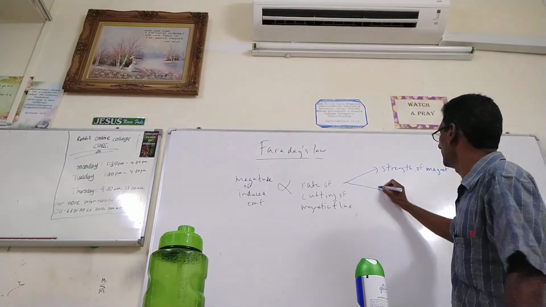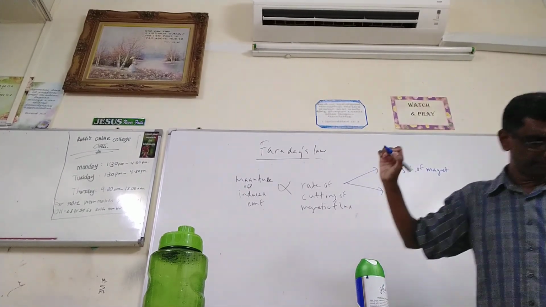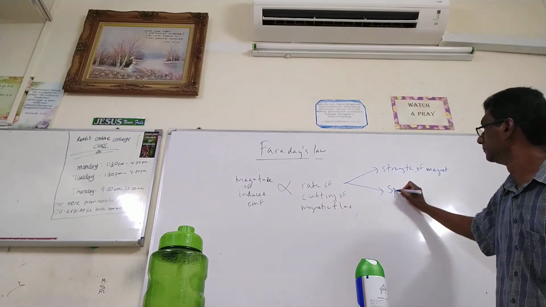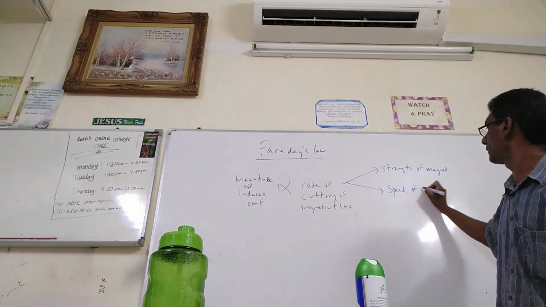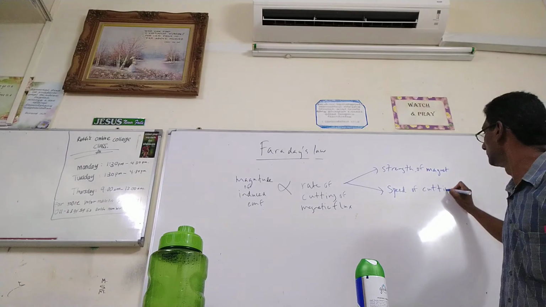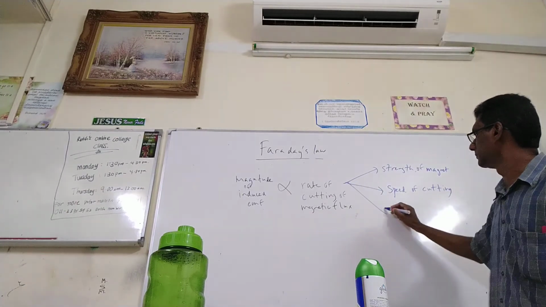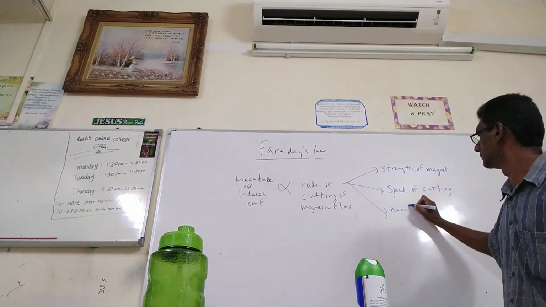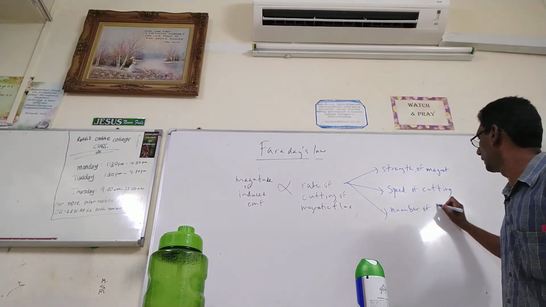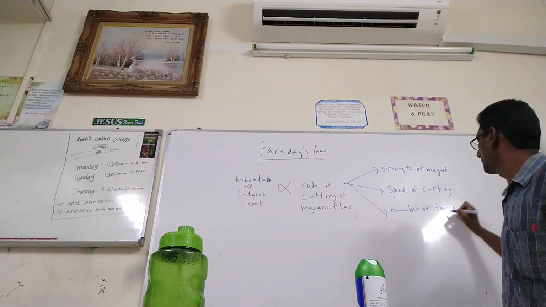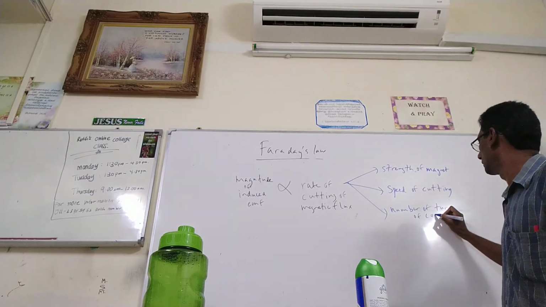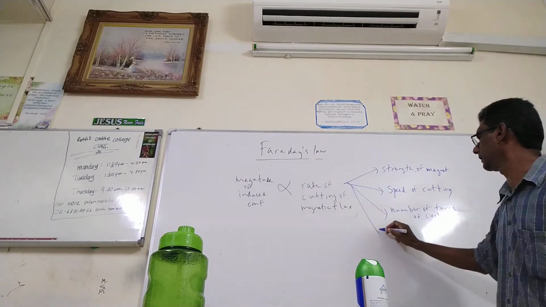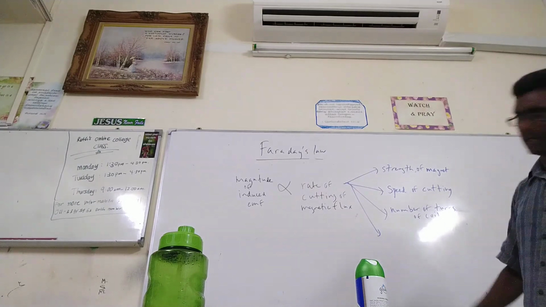Second factor, speed of cutting. Third factor, number of turns of coil. Fourth factor, angle of cutting.